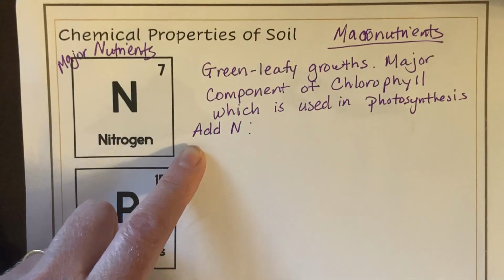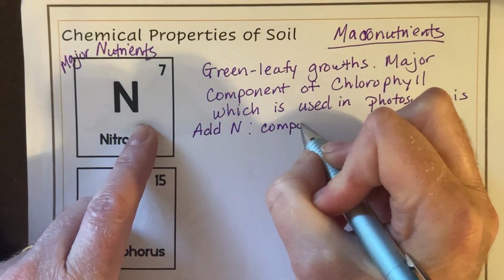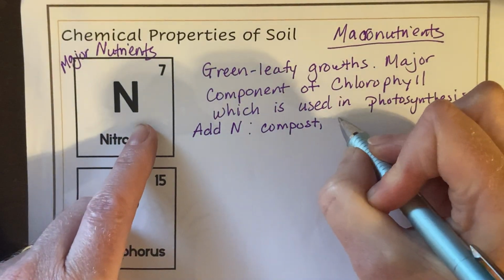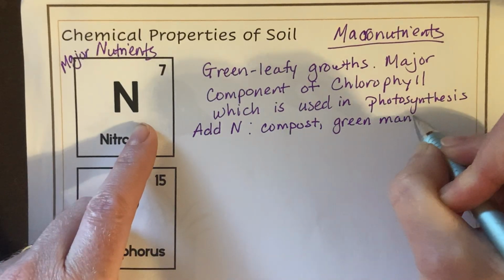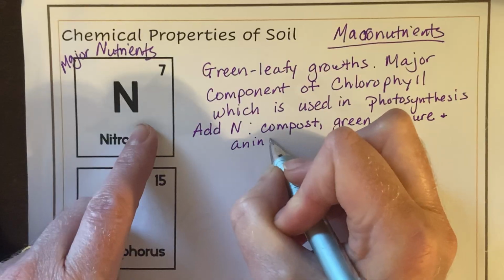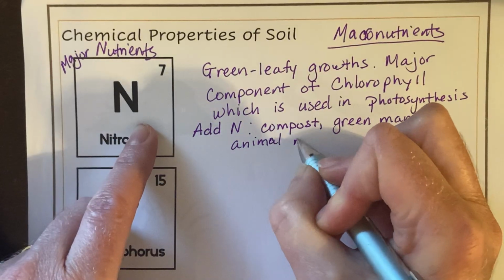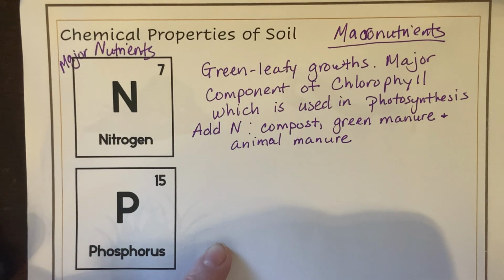But we can also add it through compost, green manure, and animal manure, which is high in nitrogen, especially chicken manure.